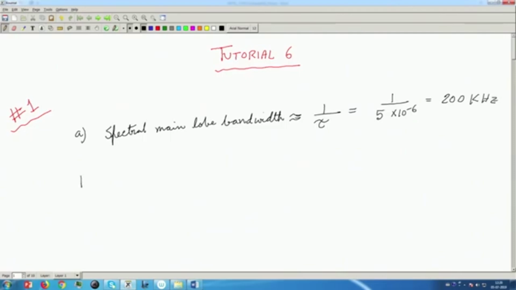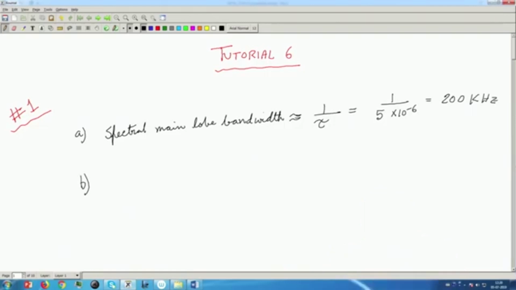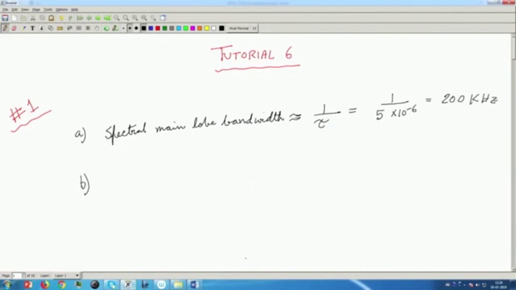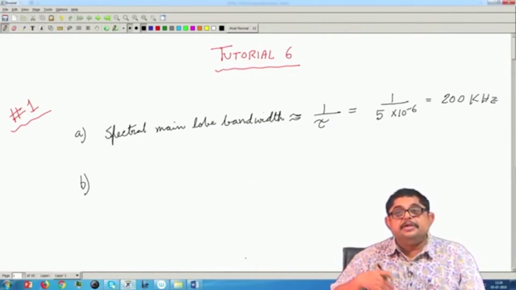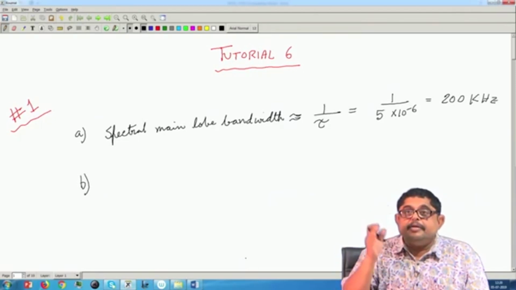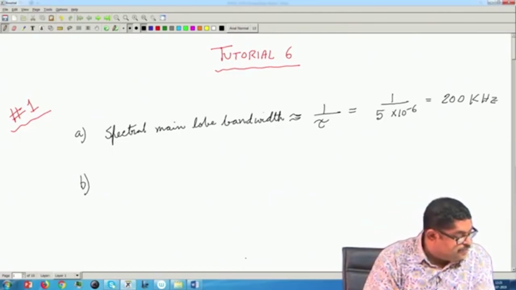Now, the question is what is the spacing of the spectral lines. Obviously, in a pulse radar, with pulse repetition, at every PRF you will have a spectral line.